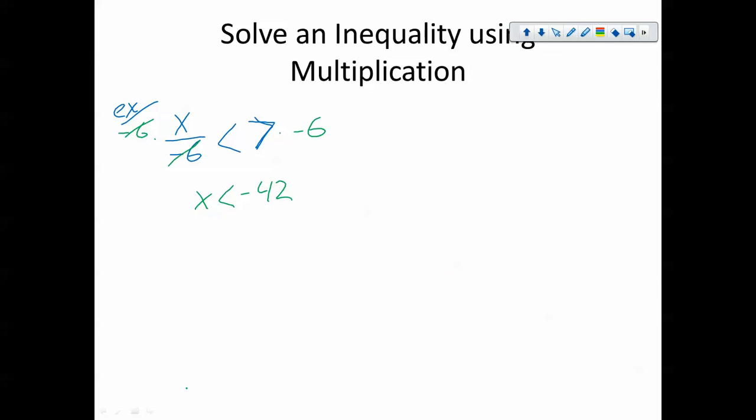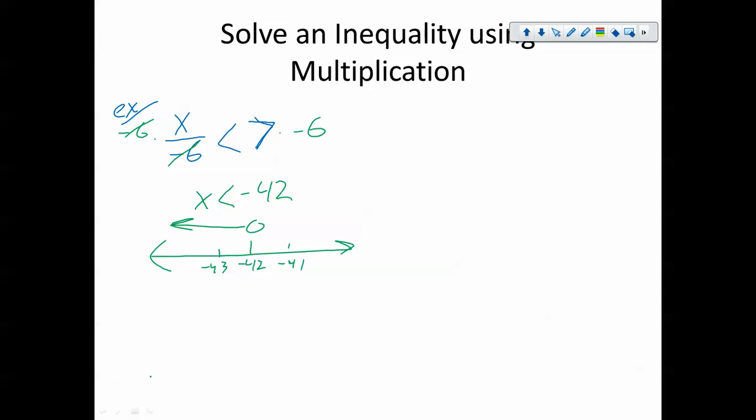Now, let's check that answer. What this says is that any number that's smaller than negative 42, I should be able to plug into my original inequality and get a true statement. So let's do a quick graph. Negative 42, negative 43, negative 41. This is saying everything's smaller.